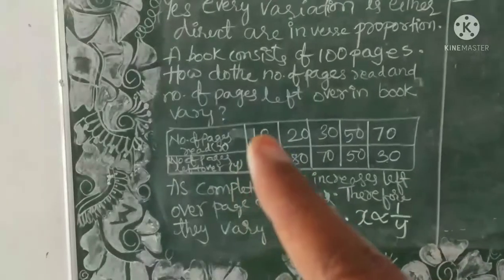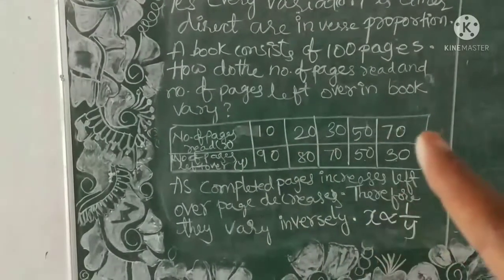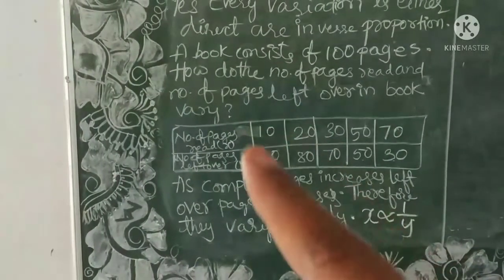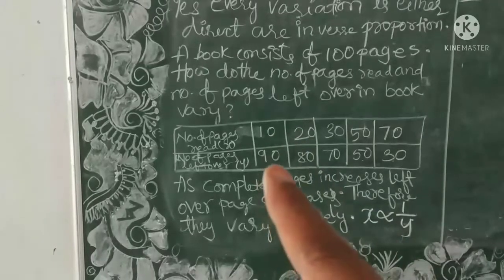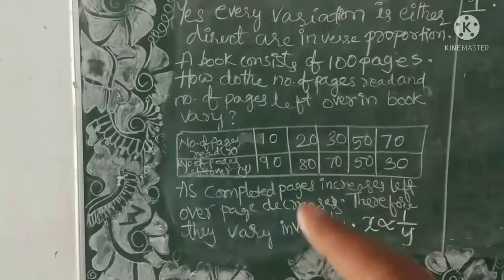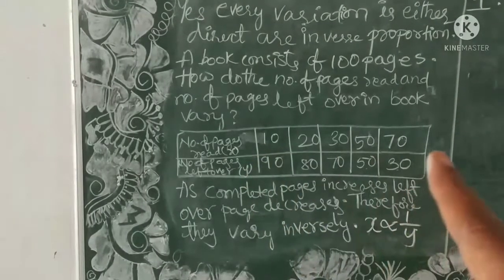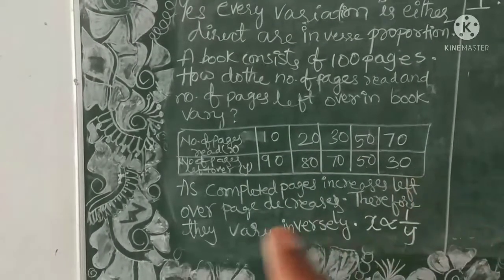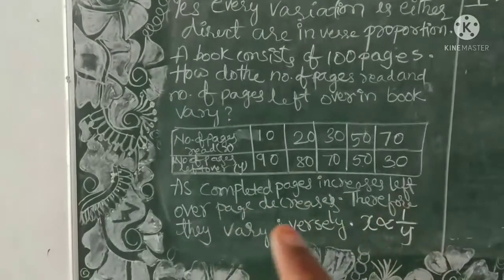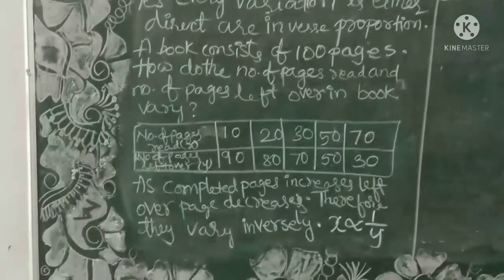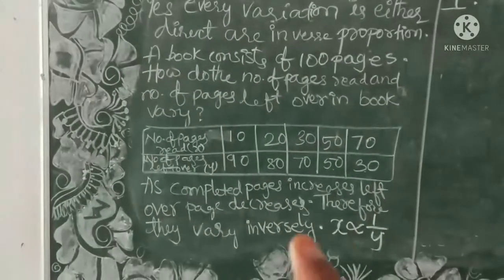If x increases 10, 20, 30, 50, 70, then out of 100, if 10 pages are read, 90 pages are left over. If 20 are read, 80 are left over. Like that, as the number of pages read increases, leftover pages decrease. Therefore, they vary inversely. x is inversely proportional to y.